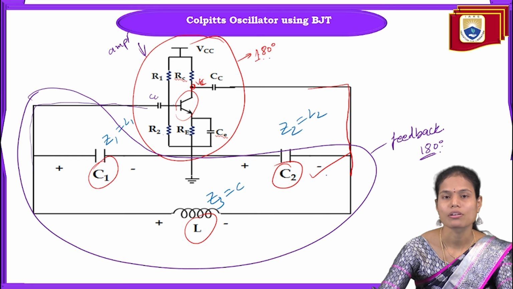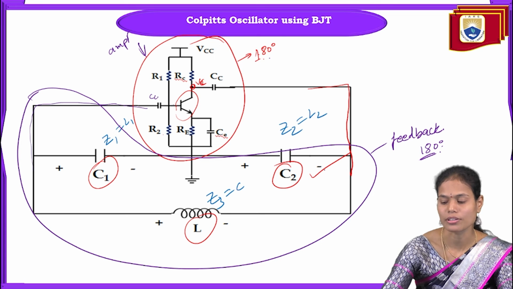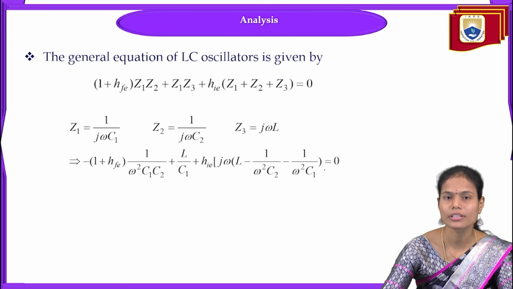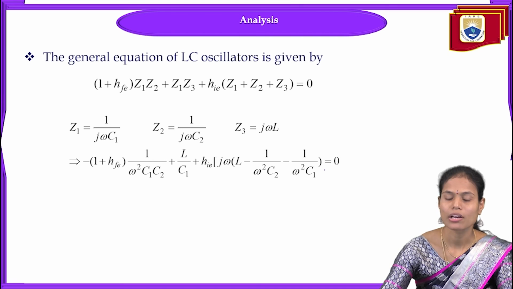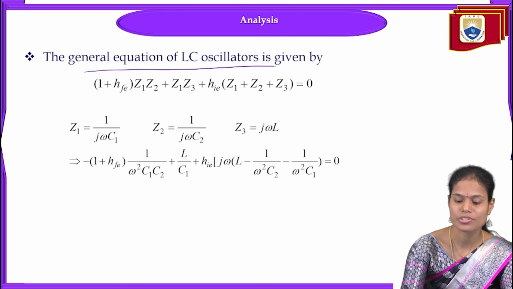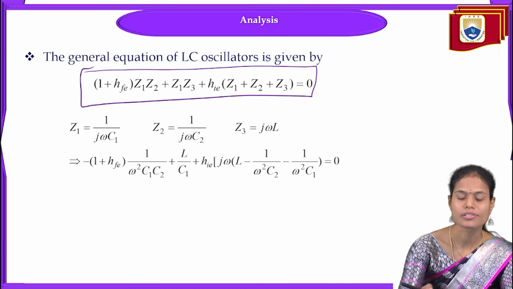In this case also we need to find the frequency of oscillation as well as the gain of the oscillator. For that, I am again considering the general equation of the LC oscillator we derived in the previous slides. So this is the general equation of the LC oscillator.